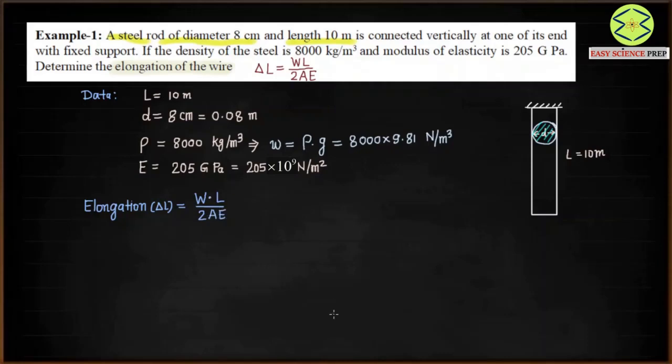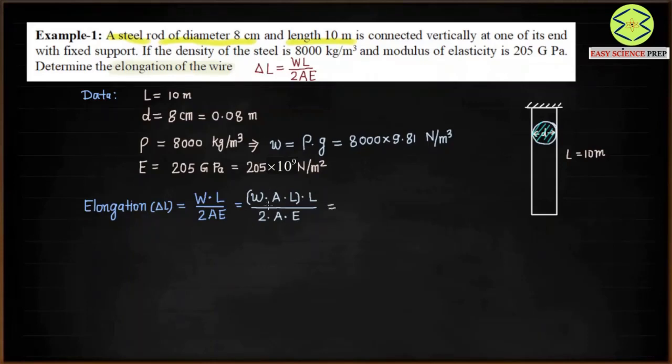This is the expression we have already derived. Now if I want to find weight here, weight is going to be weight density into volume. Volume is nothing but area of cross section times length. So this is nothing but weight density times A times L times L divided by 2 times area of cross section times Young's modulus. Now we have simplified the whole expression.